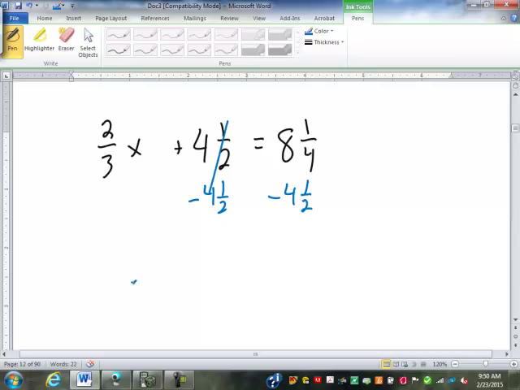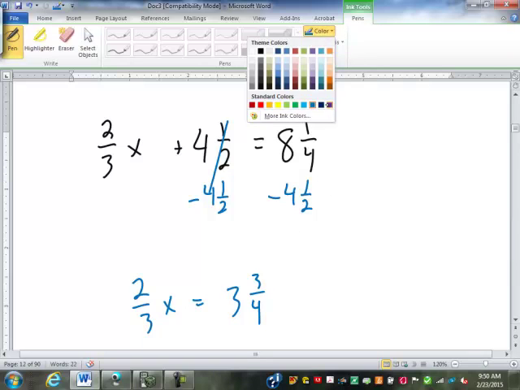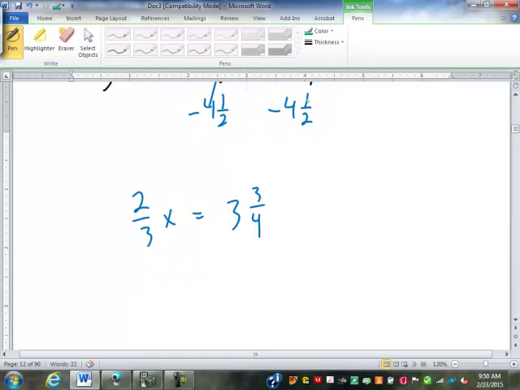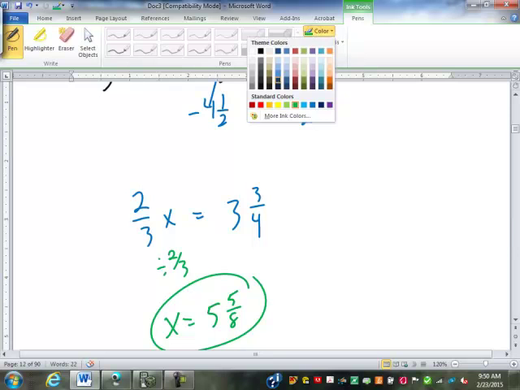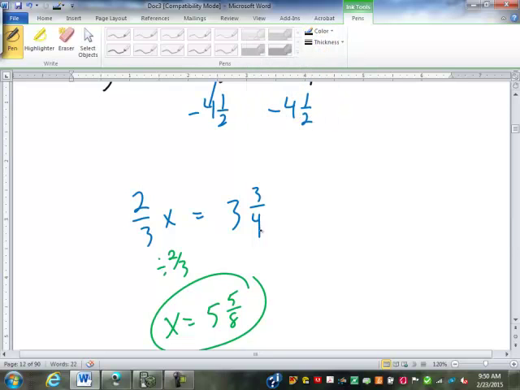So that's going to give us that 2/3 x equals 3 3/4. And then we would divide by 2/3, which is going to give us 5 5/8. Perfect. Any questions?